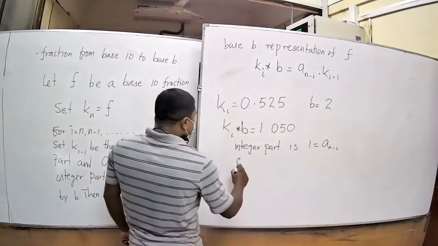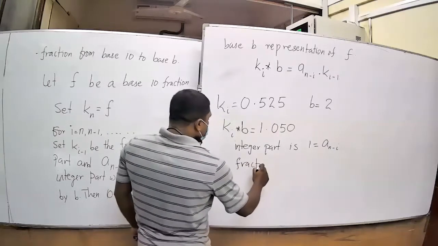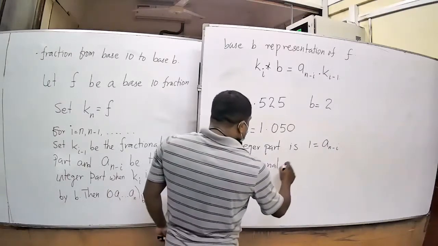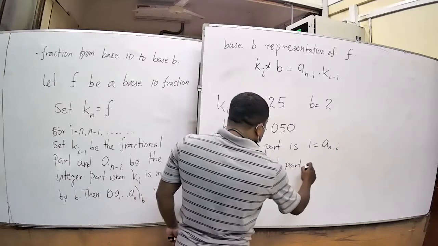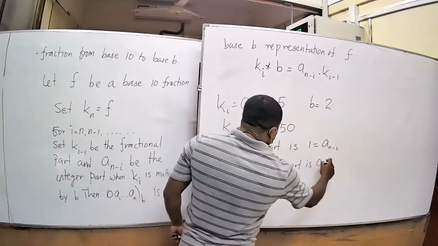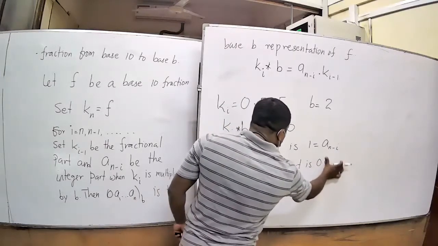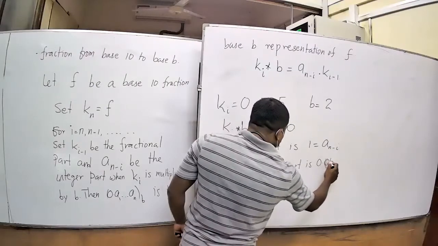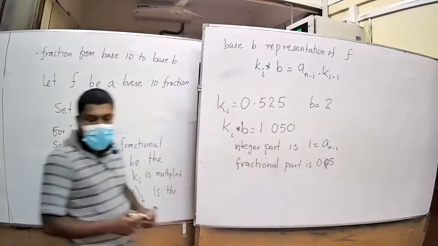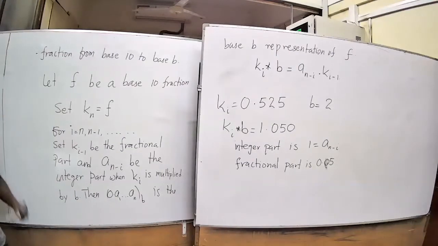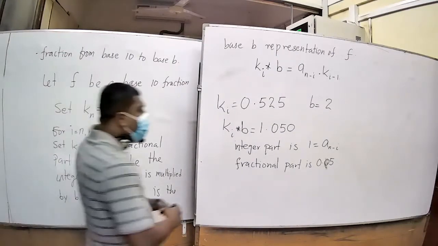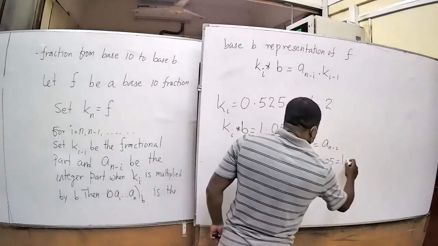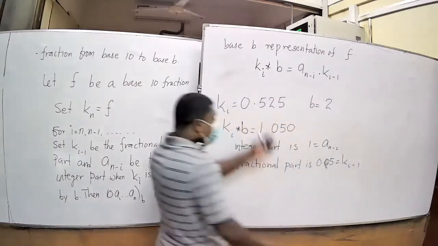And then the fractional part is 0.05. You set that as k_{i-1}, right? And then you continue.